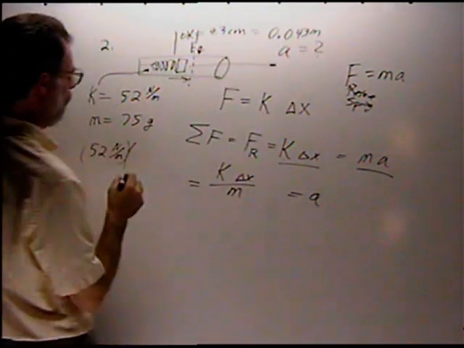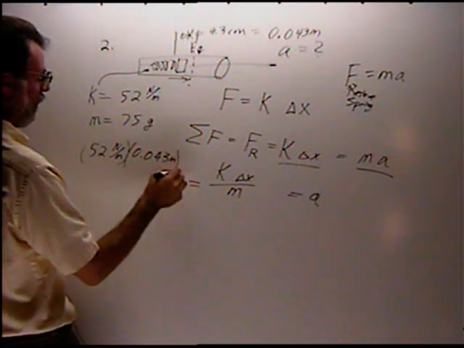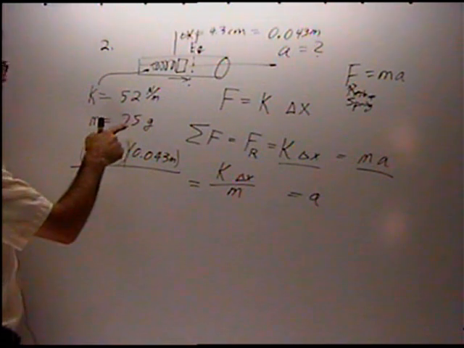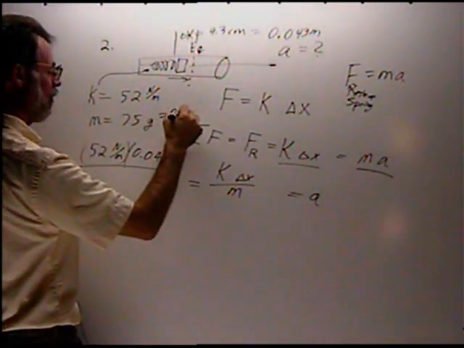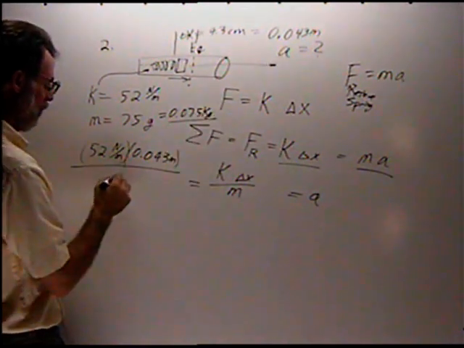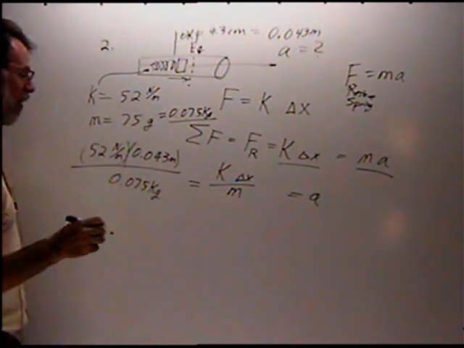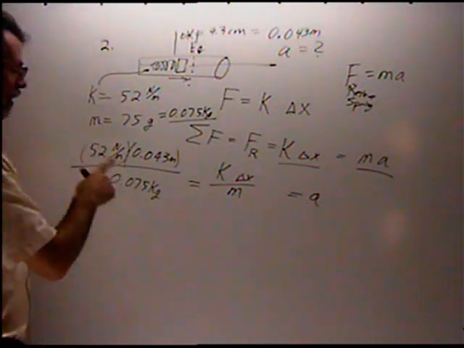Doing that conversion in your head, 0.043 meters, divided by the mass, which is 75 grams, which is 0.075 kilograms, divided by 1,000. 0.075 kilograms.